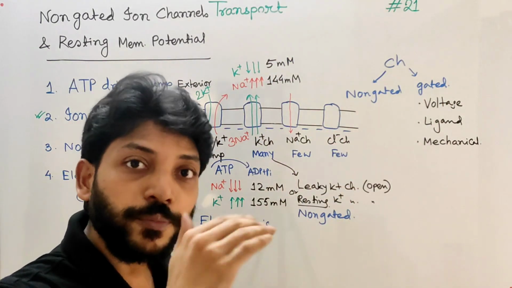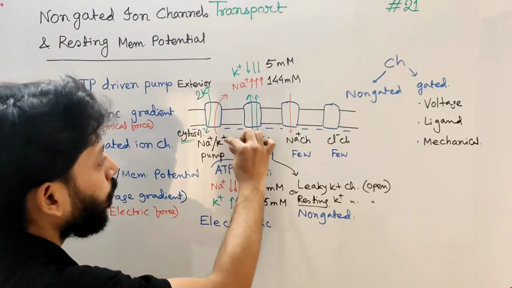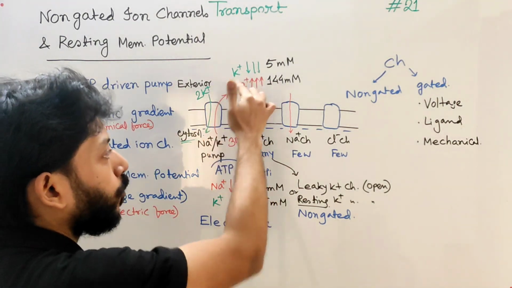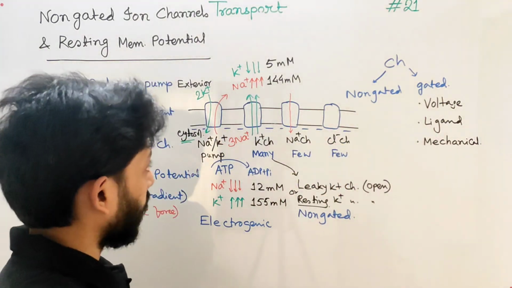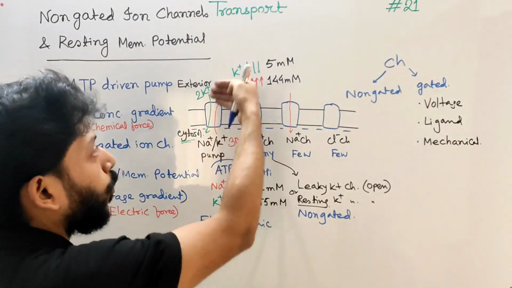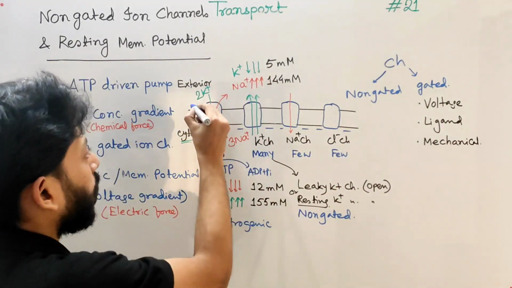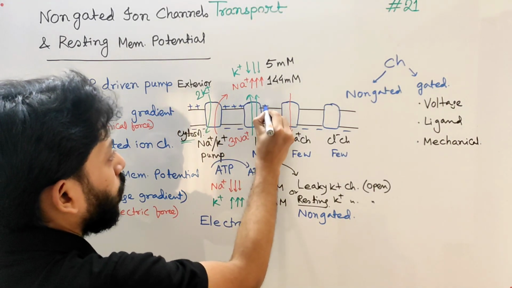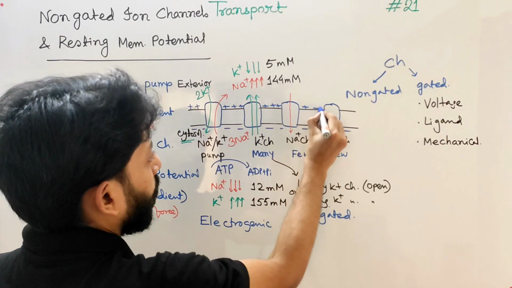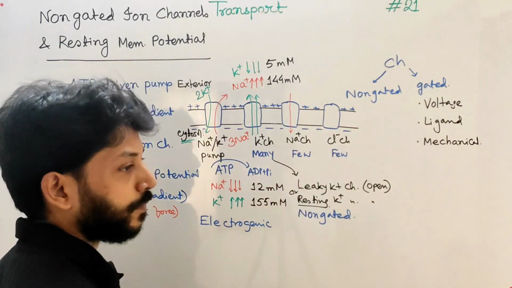Negative ions will be left behind. So because one more positive ion is exported, one negative ion will be left behind. And simultaneously, because more positive ions are moving outside, a positive charge starts to occur outside.